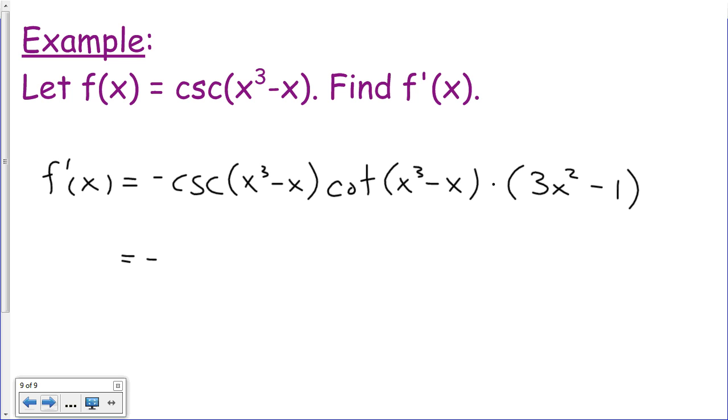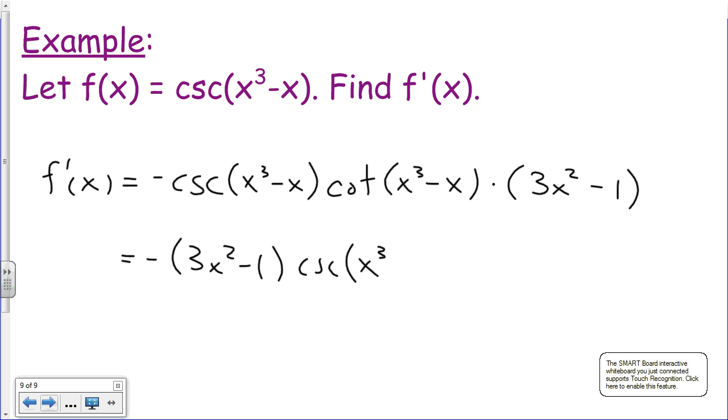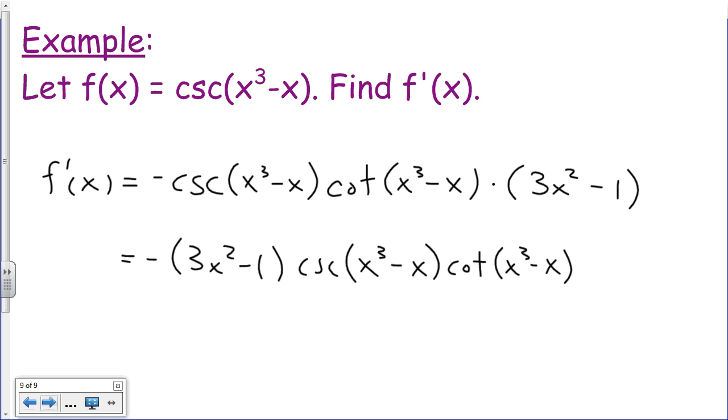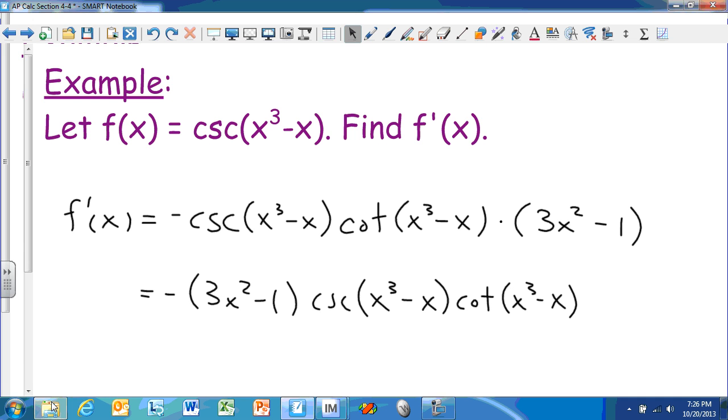I'll put the negative, 3x squared minus 1, times the cosecant of x cubed minus x, times the cotangent of x cubed minus x. All right, and there is our derivative. And that, in fact, is the end of this section for us.